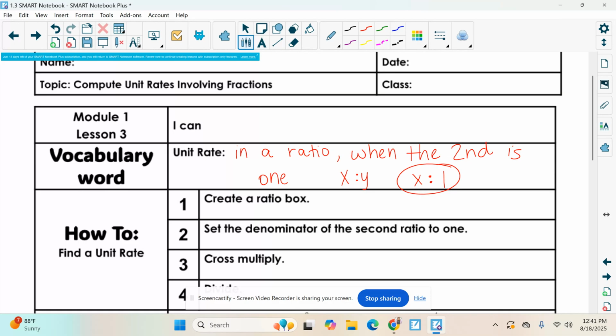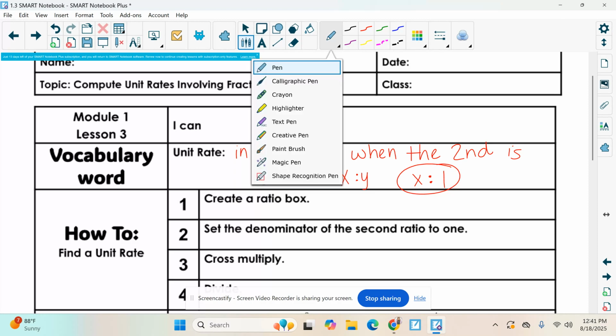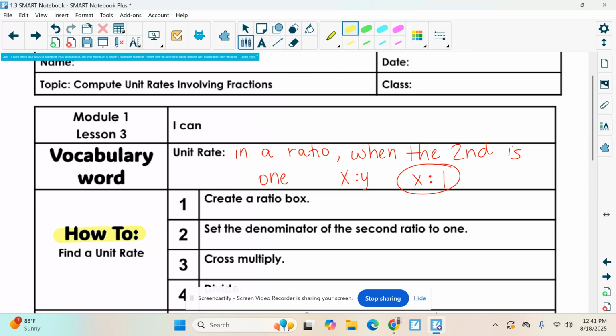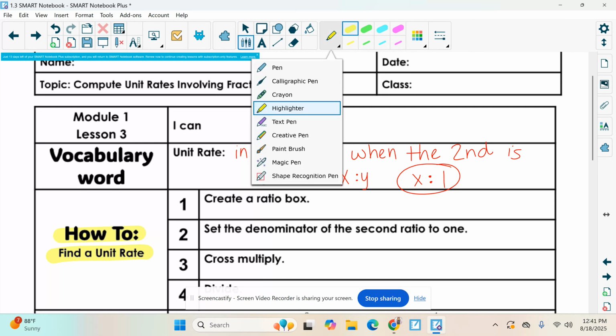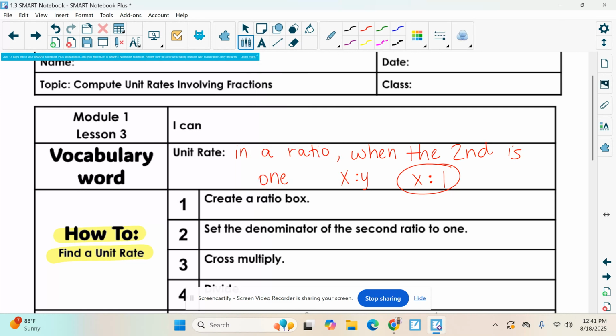I would take my highlighter, right here, do you see it says how to find a unit rate? That's important. I would highlight that. How to find a unit rate. We've talked about there's 2 ways. The first way is a ratio box, which is described right here in these steps.